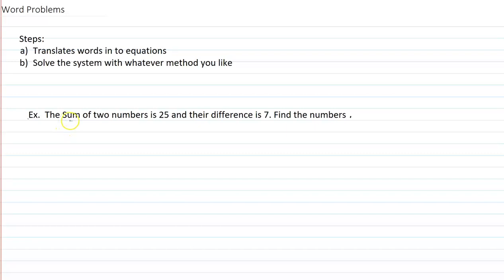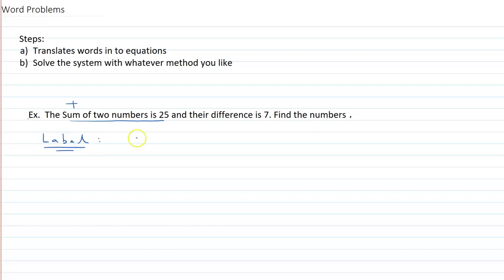The sum of two numbers is 25. The sum. What does sum mean? Sum means adding. So the first thing we have to do is label what is what. Label it, or give it a title or a name.